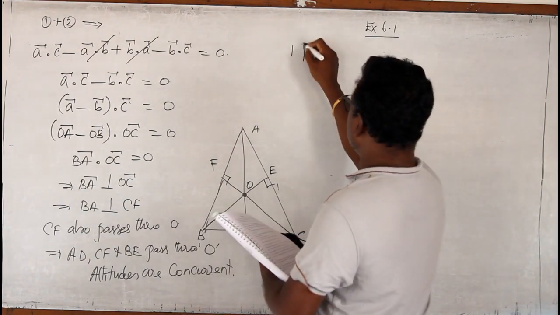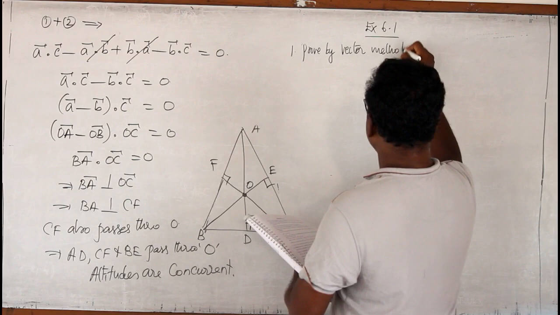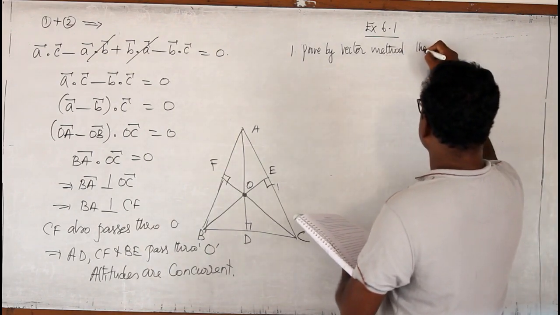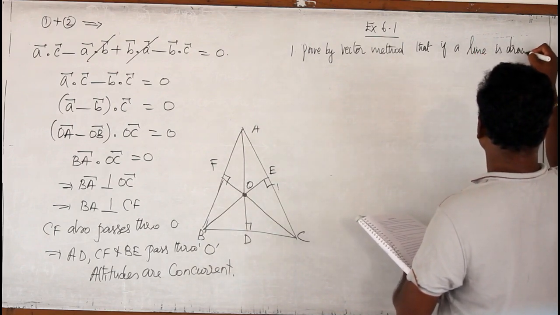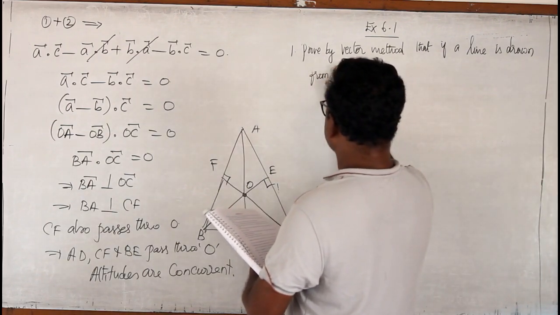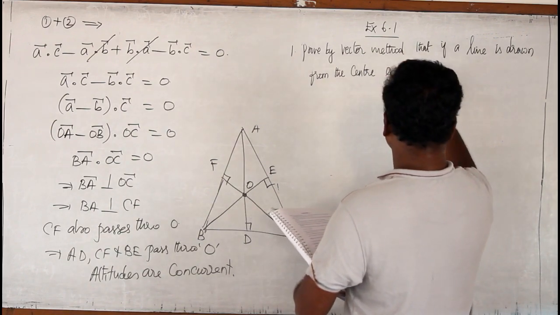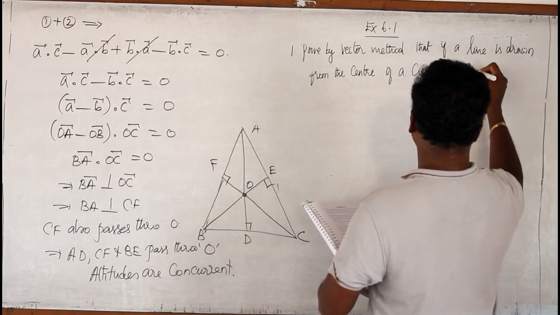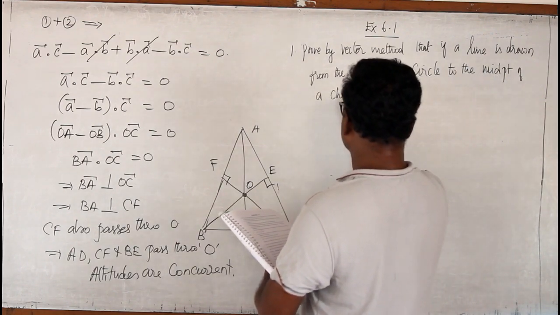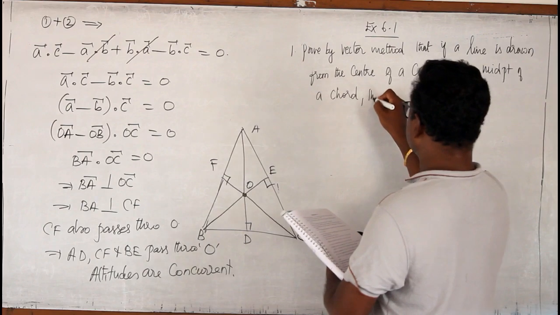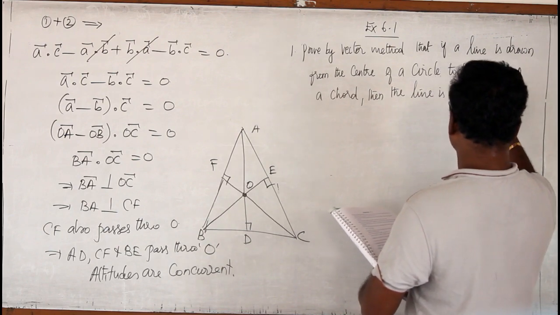So first problem. Prove by vector method that if a line is drawn from the center of a circle to the midpoint of a chord, then the line is perpendicular to the chord.